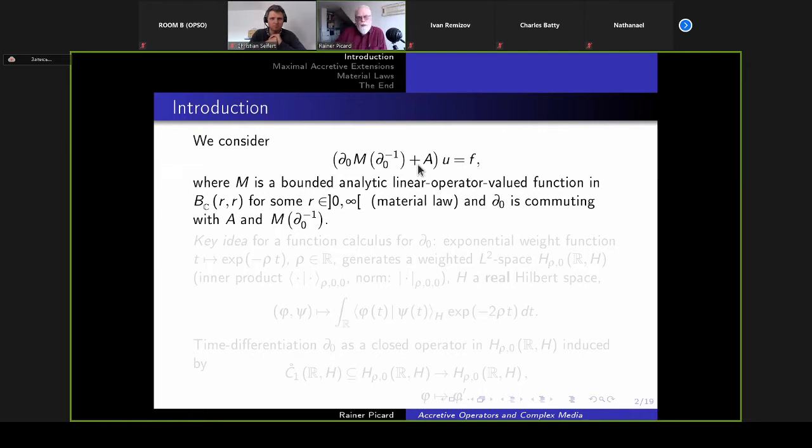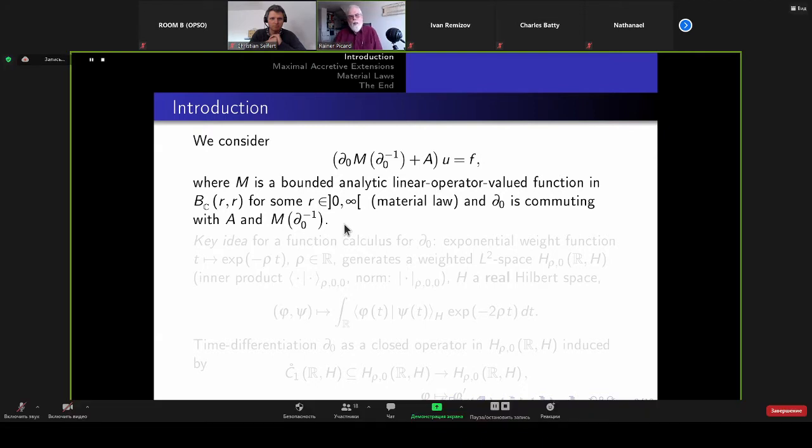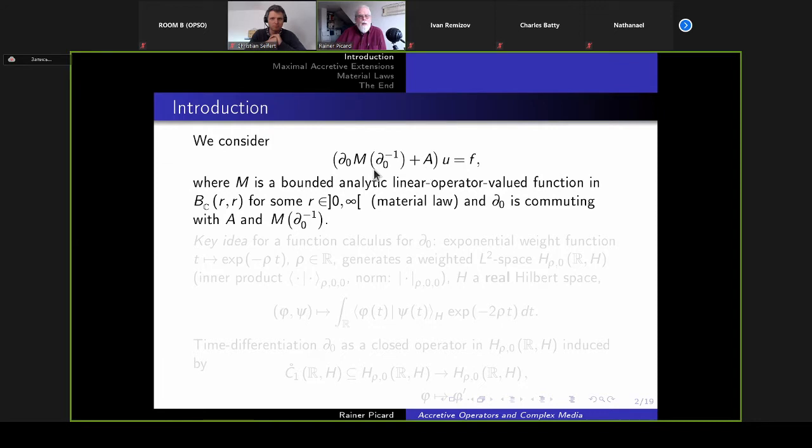And the setup is such that the time derivative commutes with A and this material law term M of D0 inverse. That is a standard configuration in a tensor product structure sense.